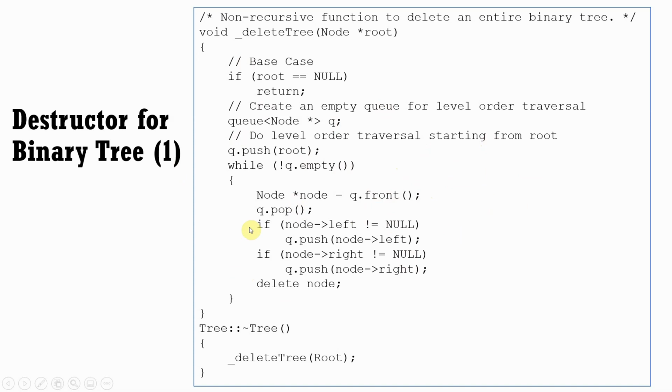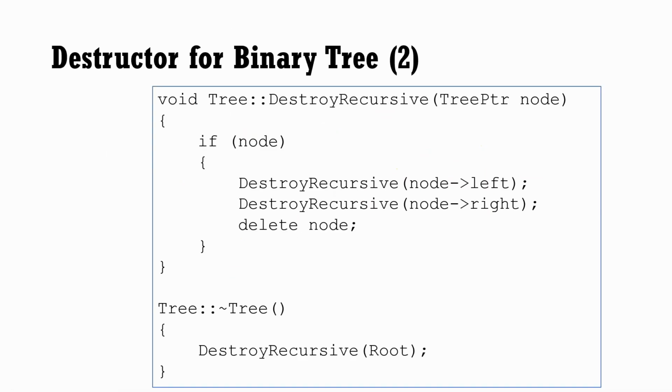So this shows the non-recursive version of it. The recursive version is just going to be simple. Here you have a helper function. The destructor is calling this helper function, which is a recursive function. What it does is make sure that the pointer we have is not a null pointer.